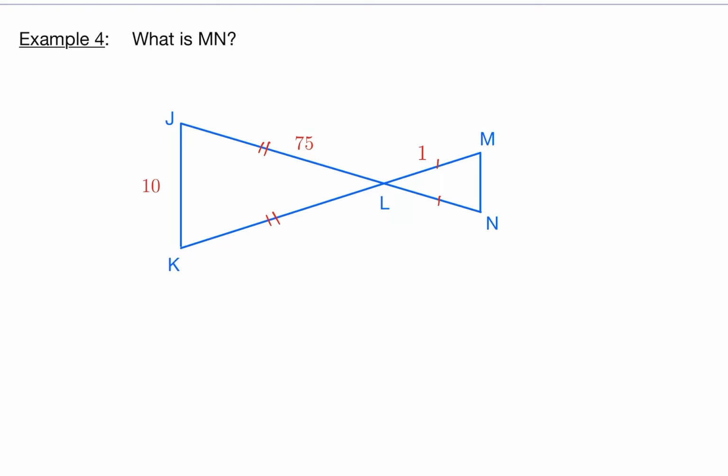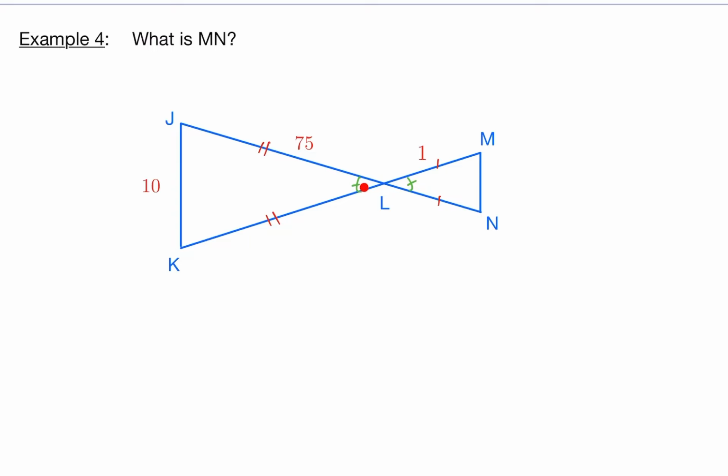First, we need to recognize that angle JLK, so this angle right here, is equal to angle MLN. Both of these angles are equal to each other because these are vertical angles, and vertical angles are equal to each other.